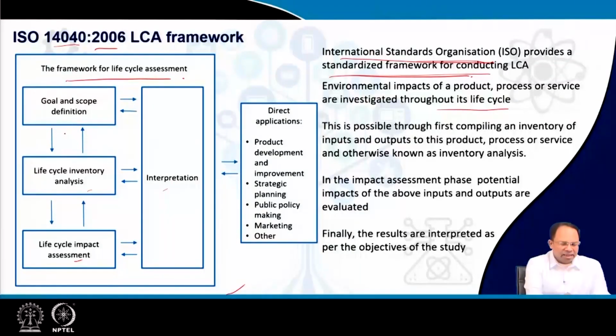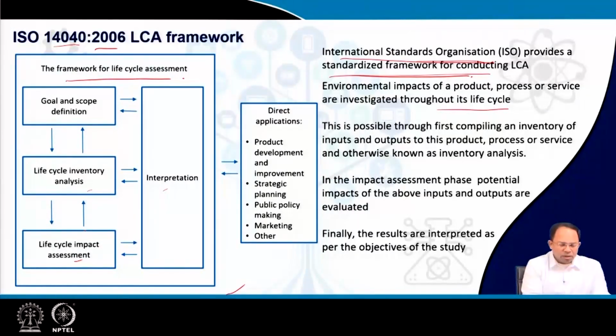As you can see, in all these stages the arrows go both ways. That means when I define the goal and scope of my work, based on that, we have to create the life cycle inventory. But based on the inventory, based on data availability, and many other things, we may modify our goal and scope. Similarly, for life cycle inventory, we can determine its impact. That means for different products, different components of the products or different inputs for the products, and processes of course, for each of these there are different impacts that are generated.